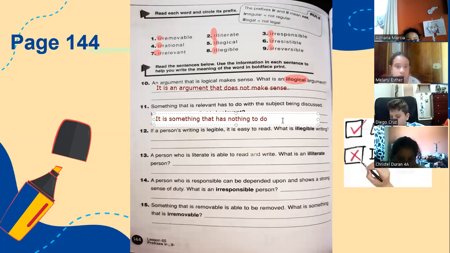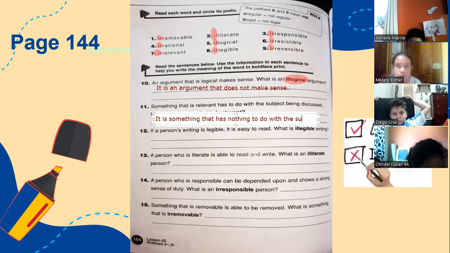Has to do, okay? Homework you didn't send has to do with your final grade. Las tareas que no envió tienen que ver o estar relacionadas con su puntaje final. It is something that has nothing to do with the subject being discussed.